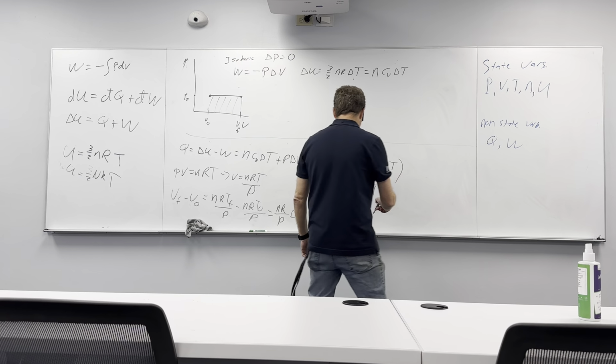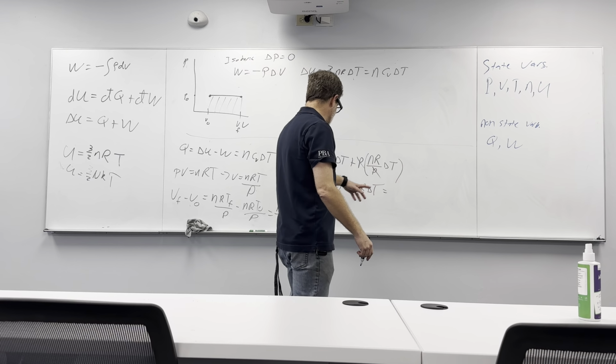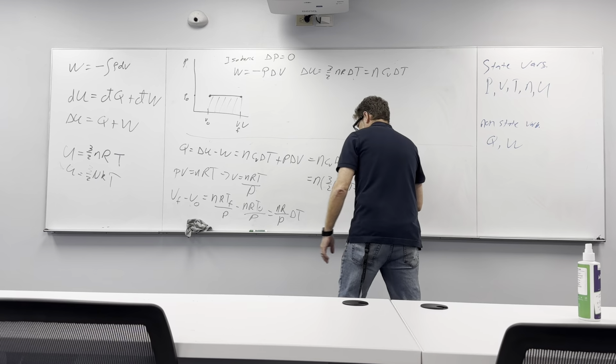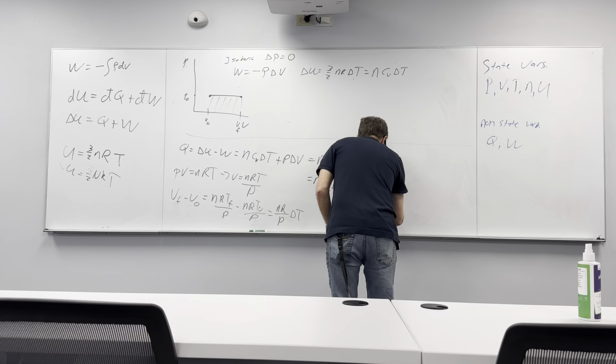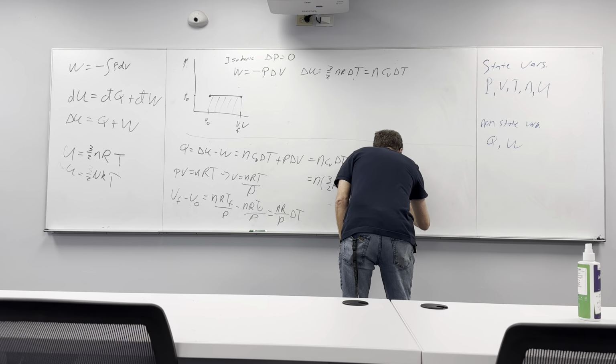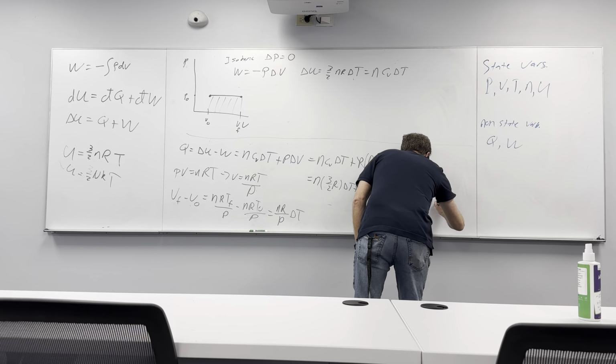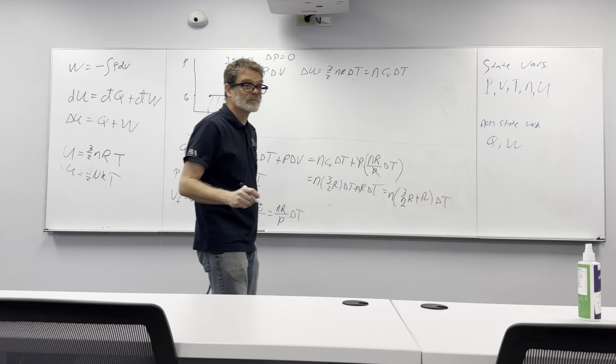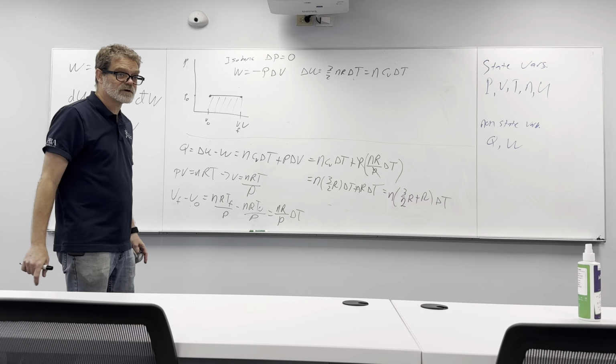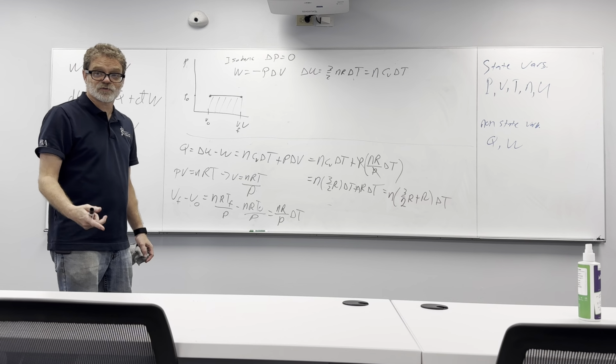Let's just write it this way. I can factor out what? The n, the delta T. And I have a 3 halves R plus R times delta T. Right? You with me, Miss Mary? What's 3 halves R plus R?